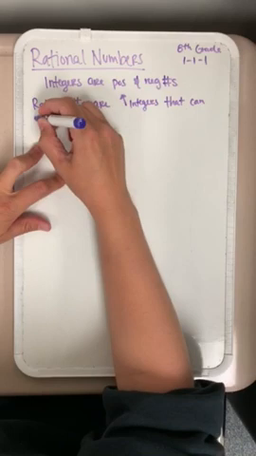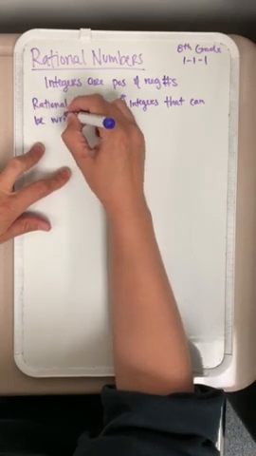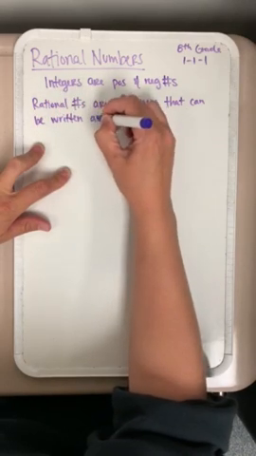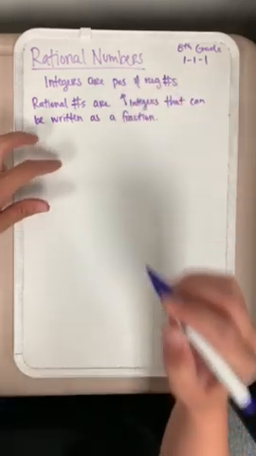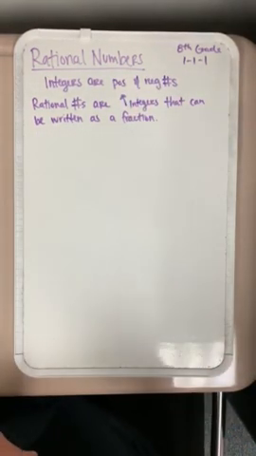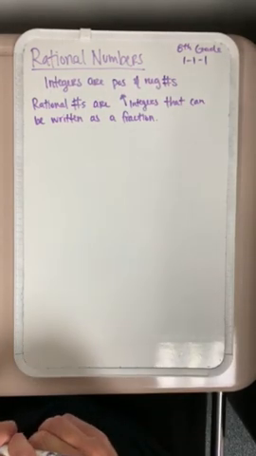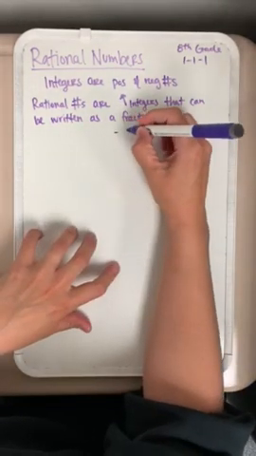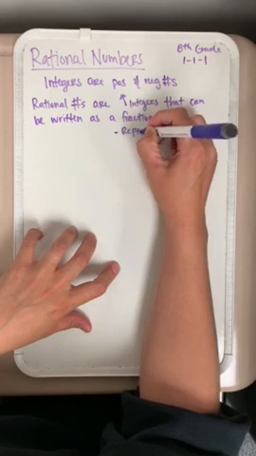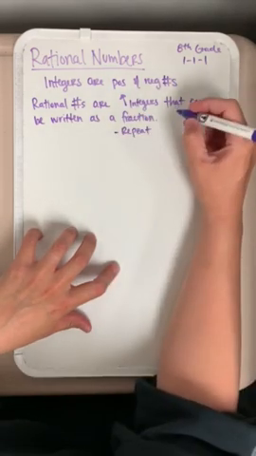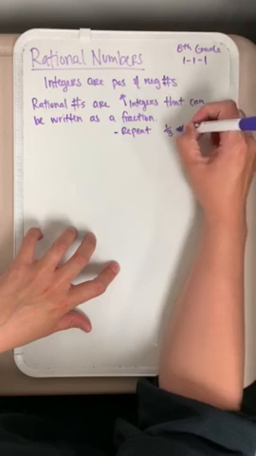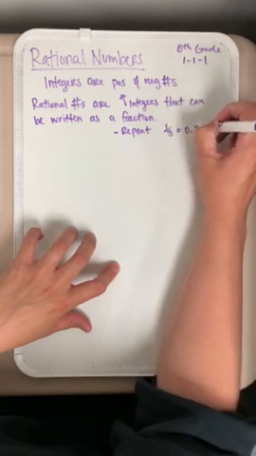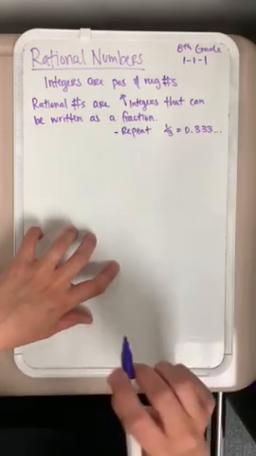that can be written as a fraction. Now remember, if something can be written as a fraction, it will either repeat as a decimal, so it could be like 1/3 is as a decimal 0.333 repeated.